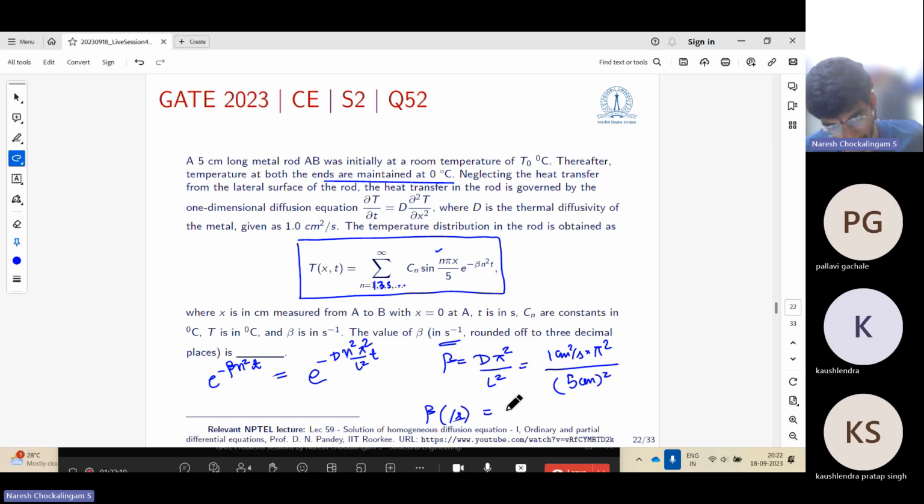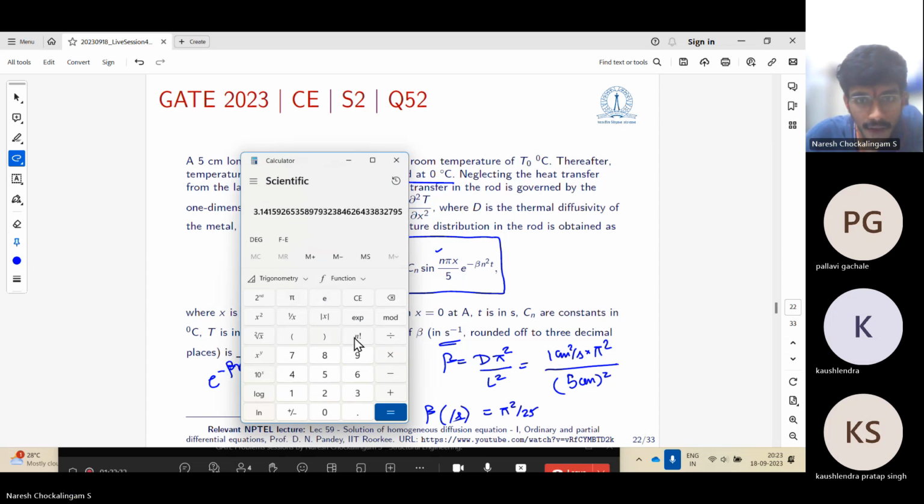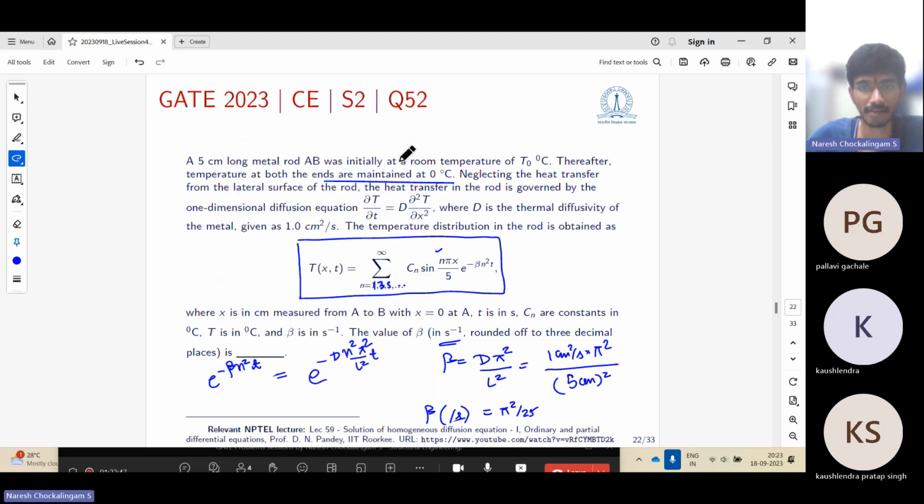It is just pi square by 25. So you can evaluate what is pi square by 25. Let me check. So you have pi into pi divided by 25. So the answer is 0.3947. So this answer is 0.395.